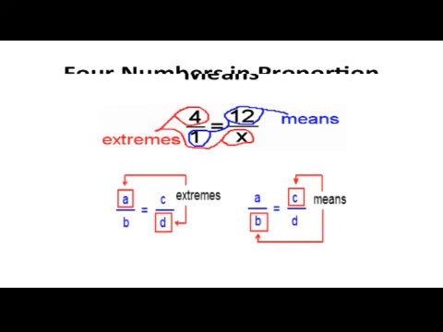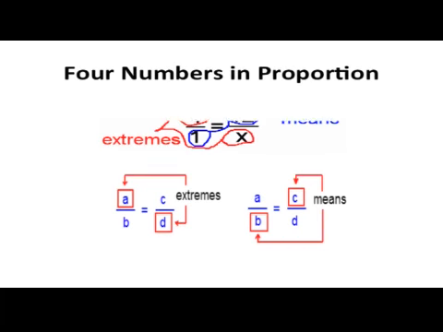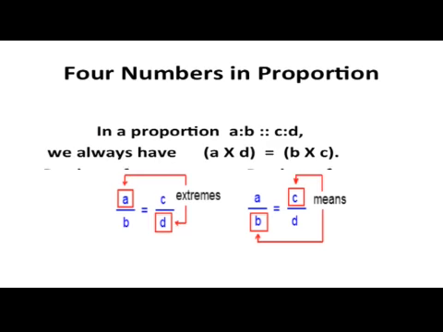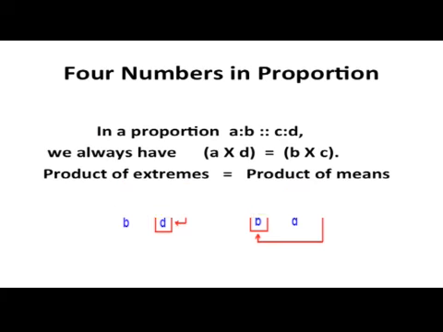In a proportion A:B :: C:D, we always have A into D is equal to B into C. Therefore, the product of extremes is equal to the product of means.